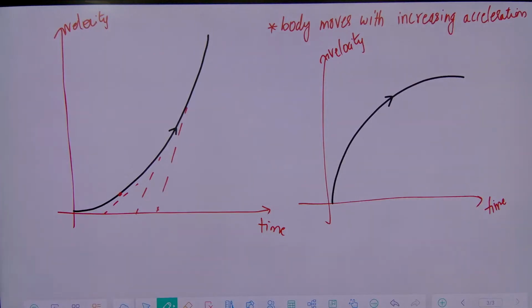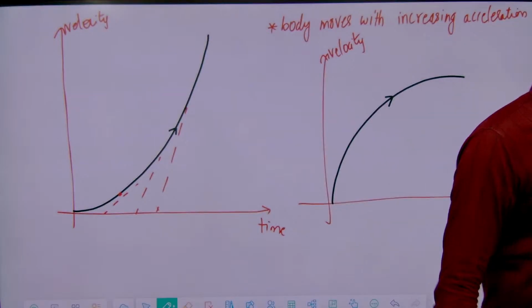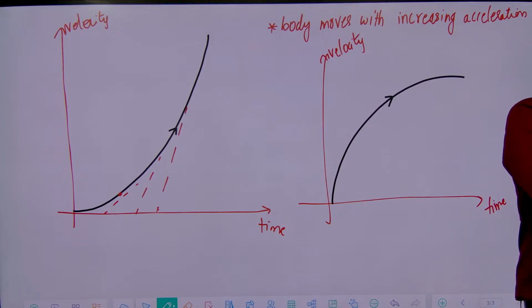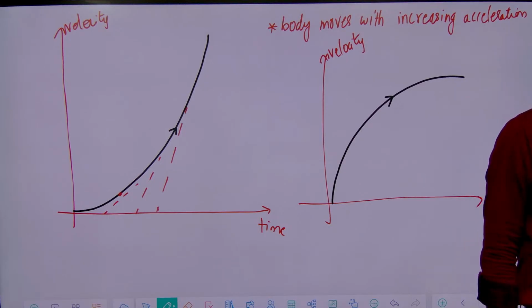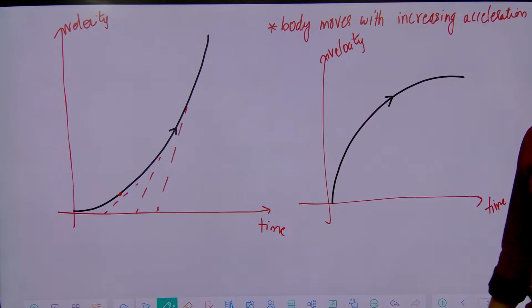So write down, velocity time graph, body moves with decreasing acceleration. Body moves with what? Decreasing acceleration. Is it done? Shall I move on?